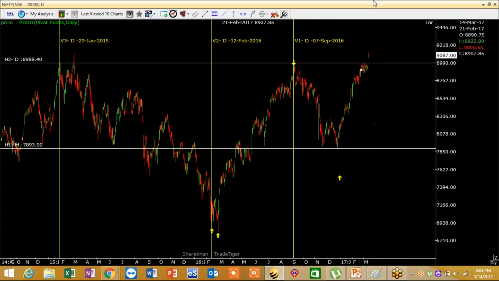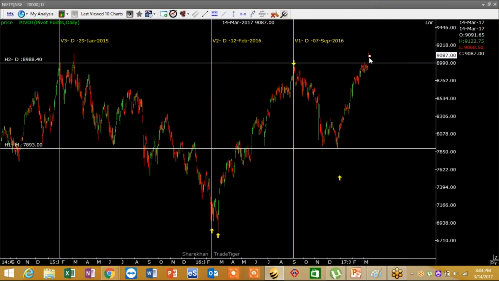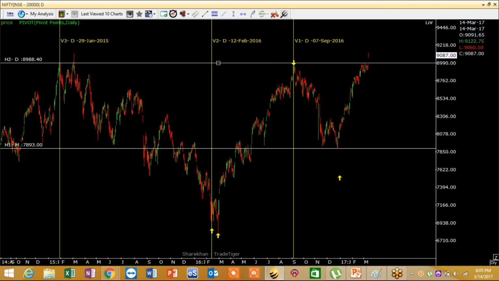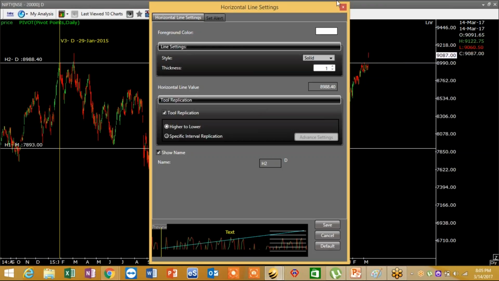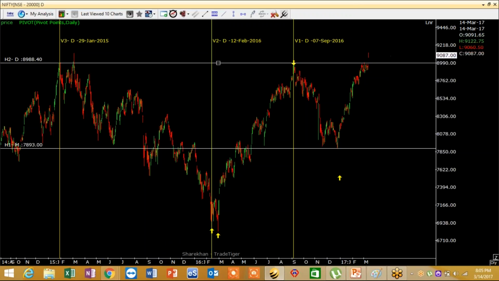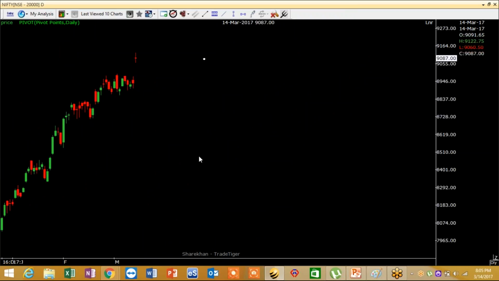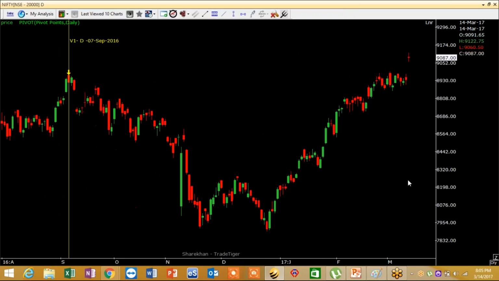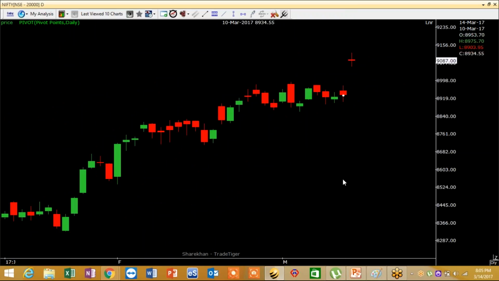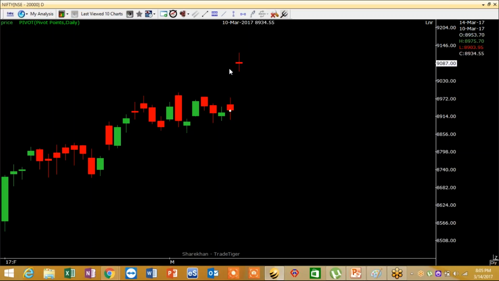So see here, Arvind, as you can see what has happened today. Yes, it gapped up and it is a red candle.